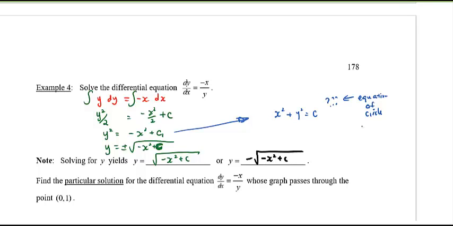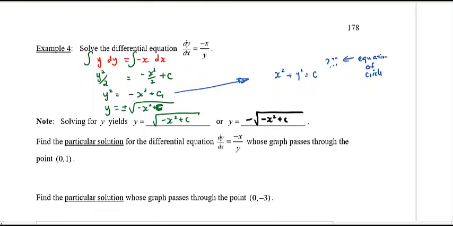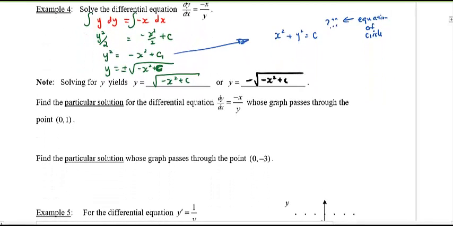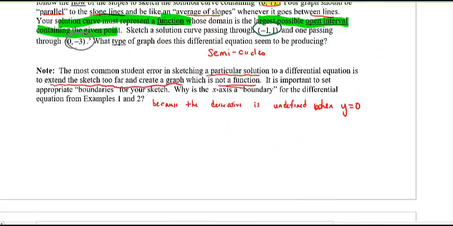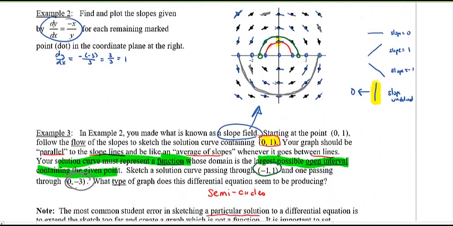So once again, looking at this, do the possible solutions verify these results? Does it look like we get what we got from the previous page in our slope field diagram?